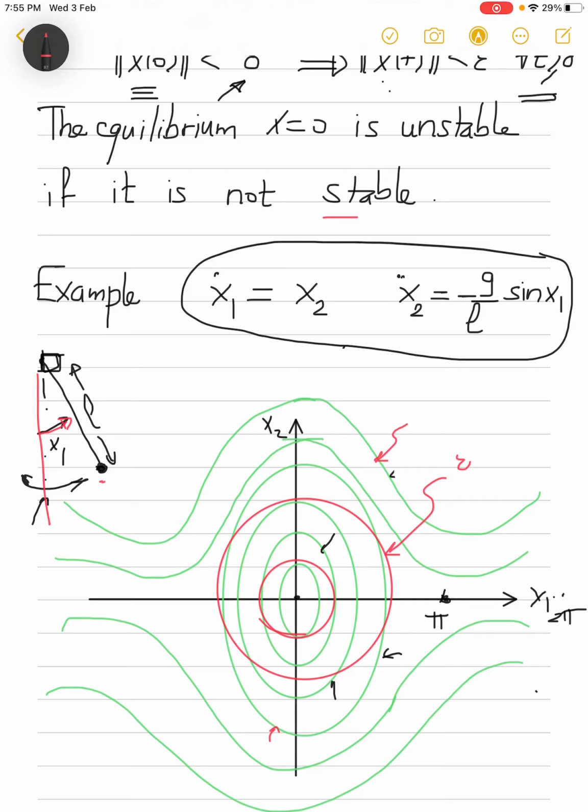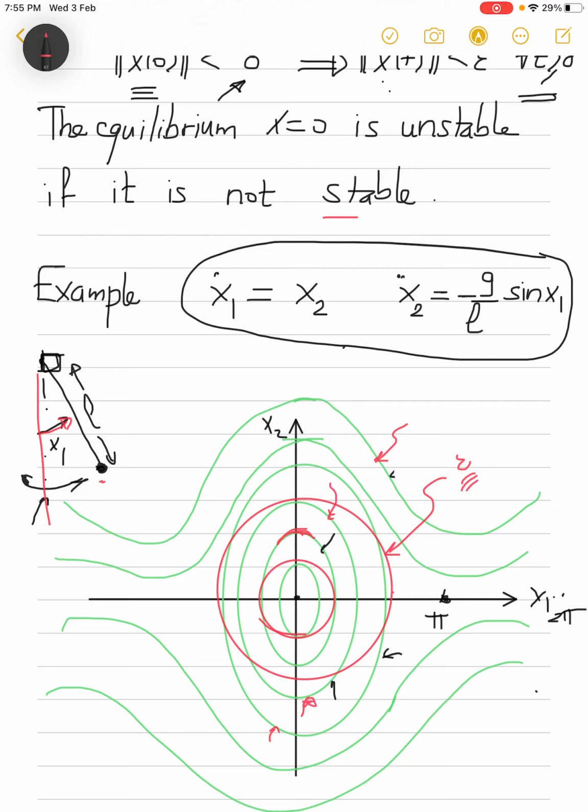What we do is look at the closed trajectories within the ball of radius epsilon and see the largest trajectory that does not leave that ball. In this case, it would be this trajectory up here. This is the trajectory that is confined within the ball of radius epsilon. The one which is above it leaves down here, so that's why we can't take it.